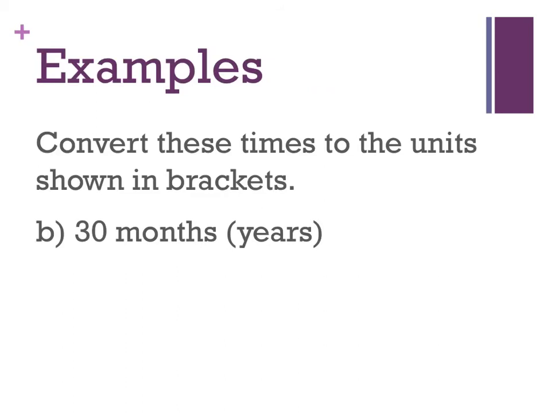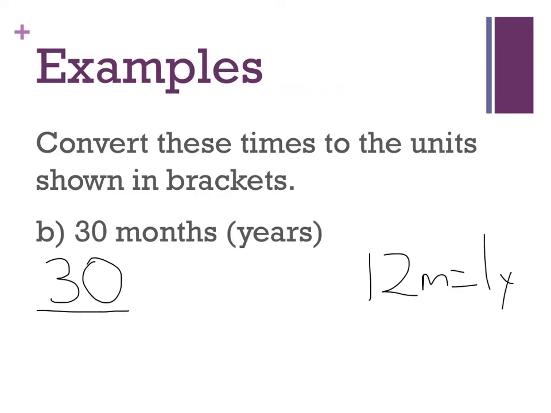Okay, 30 months, I want to convert that to years. How many months are there in a year? There are 12 months in 1 year, and I've got 30 months. So I take that 30 and divide it by 12, and that will tell me how many years I have. 12 goes into 30 2 times, with a remainder of 6 on 12.